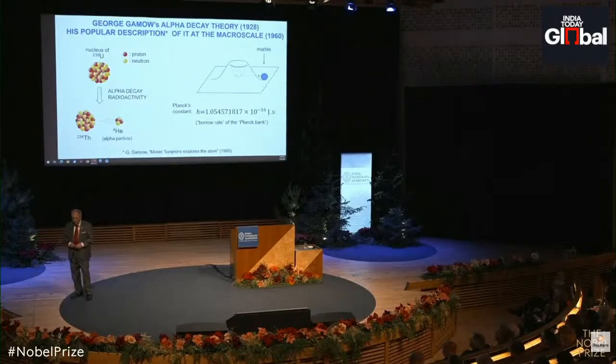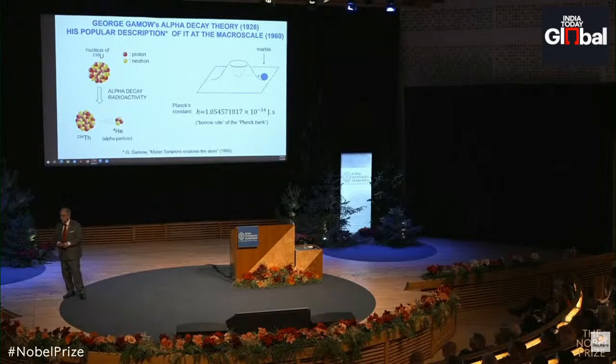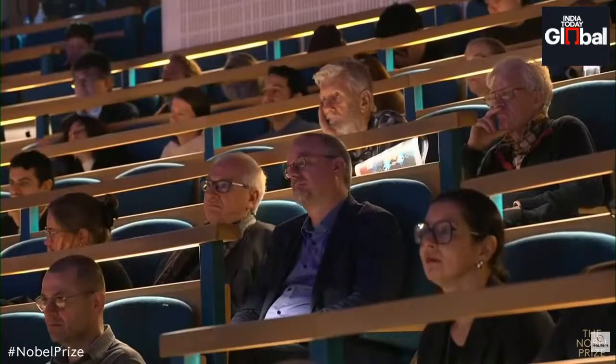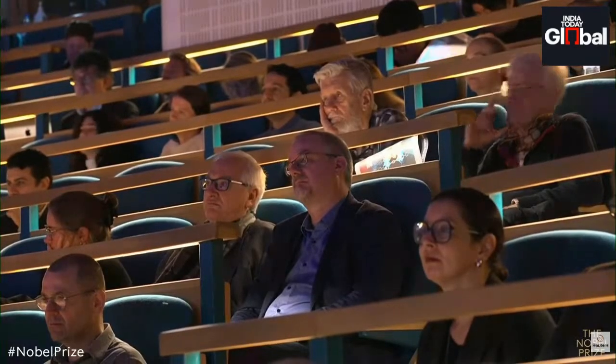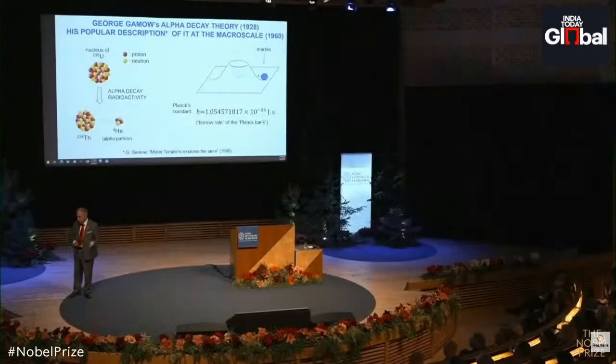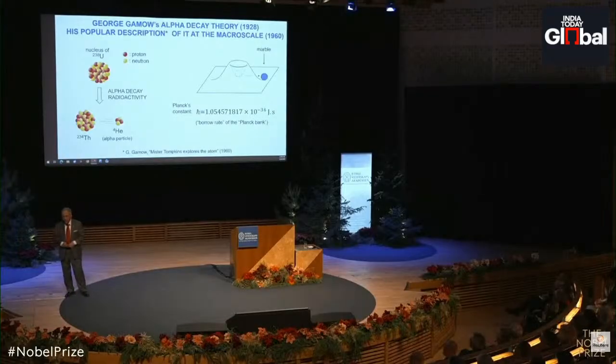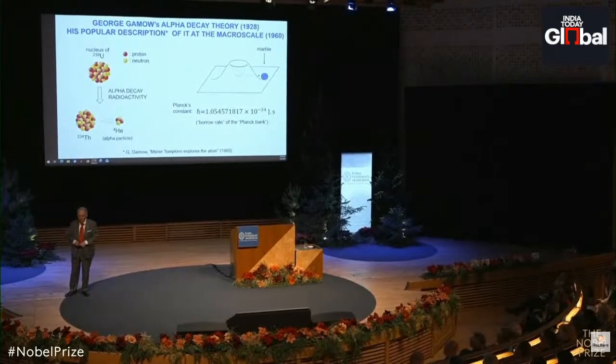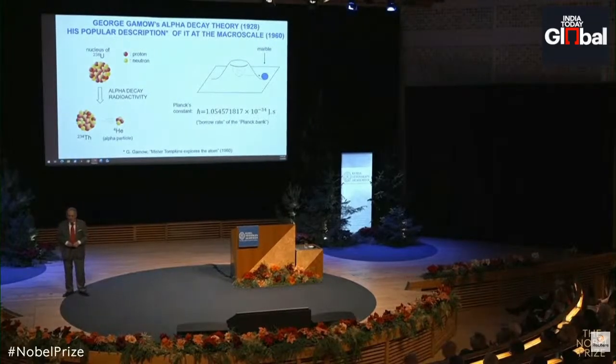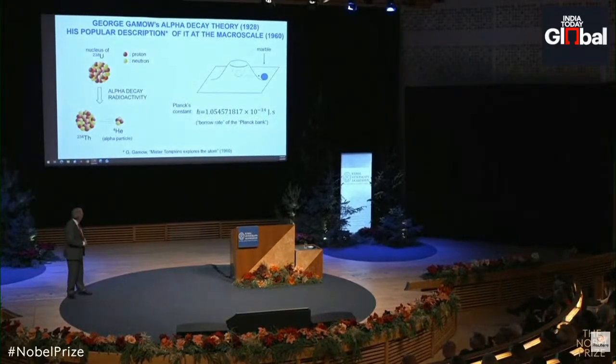Actually, it can borrow energy from what I would call the Planck bank, which specifies that you can borrow a certain amount of energy during a small amount of time. Actually, this is given by Planck's constant, and this Planck constant tells you that you can borrow during 1 second 10⁻³⁴ joules, or during 1 nanosecond 10⁻²⁵ joules. And we're going to see that 10⁻²⁵ joule is actually a manageable quantity.